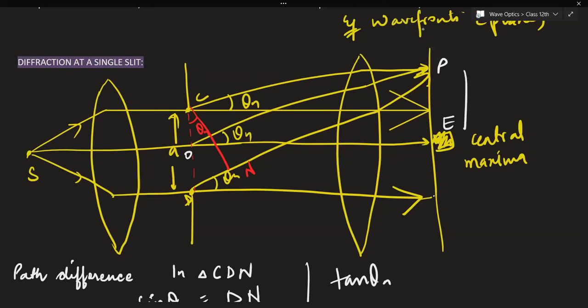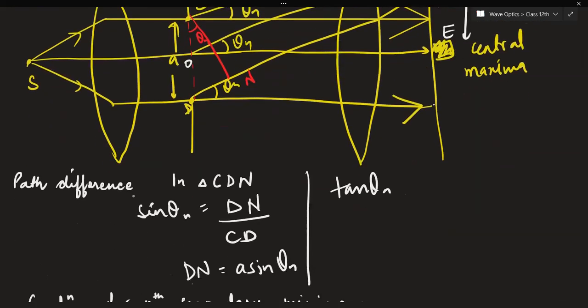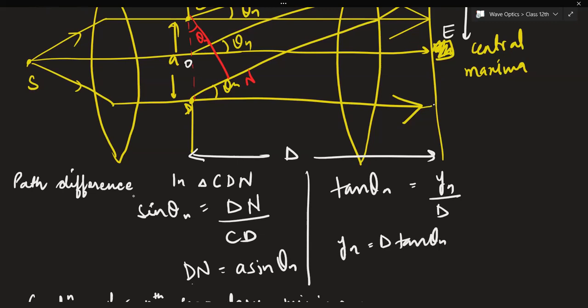This will be the separation between the central maxima and the point formed at P, that is yn, and the separation between the slit and the screen will remain capital D. So tan theta will be equal to yn divided by capital D. From here you can write yn is equal to D tan theta n. Even if you use the small angle approximation, your yn will be equal to D theta n.